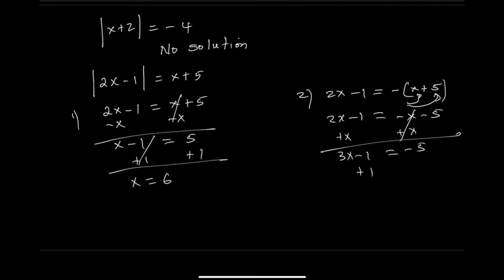Add 1 to both sides. 3x equals negative 4. Divide both sides by 3. X equals negative 4 over 3.